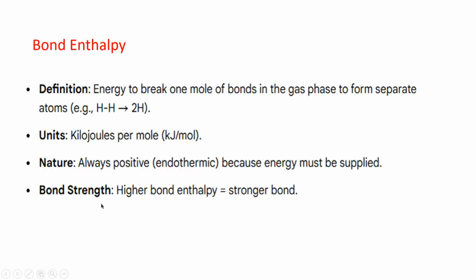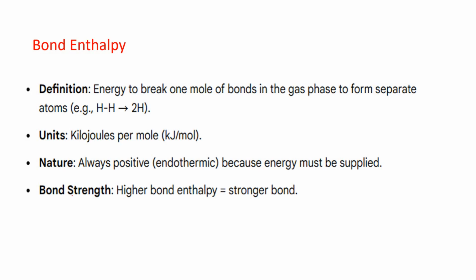Bond enthalpy. By definition, it is the energy required to break 1 mole of the bonds in the gaseous phase to separate the atoms. Say this hydrogen-hydrogen bond is broken from a hydrogen molecule and 2 hydrogen atoms are formed, that is in gaseous phase.